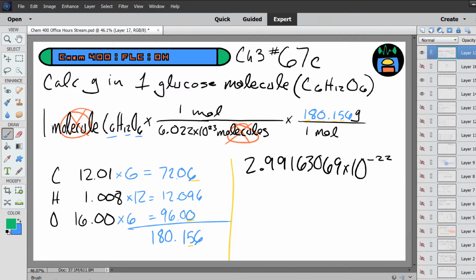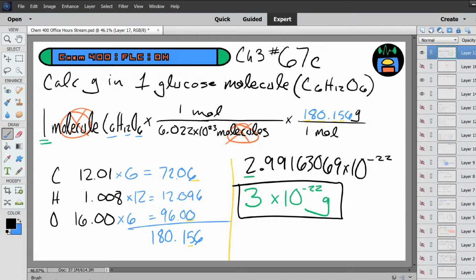All right, but sig figs wise, we can only keep 1 because 1 molecule is just 1. So we round to 3 times 10 to the negative 22nd grams is the mass of 1 molecule of glucose. So that is chapter 3.